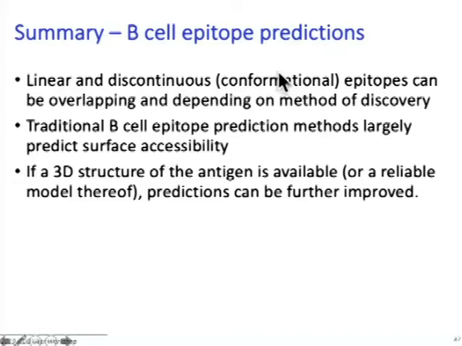Conformational means that we are considering that the epitope only exists in the 3D fold of the protein, which again is the case for the majority of epitopes. The reason why we have so much more linear epitope data in the IEDB is largely that those are experiments that are much easier to perform than 3D structure crystallizations of antibody antigen complexes.